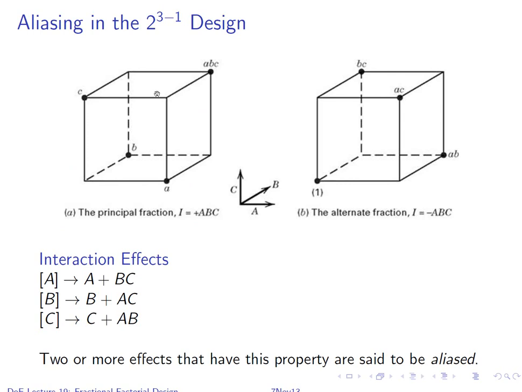This property we'll refer to as aliasing. That is, these two effects are aliased, and I can't separate the two. This is the price you pay for a fractional design. You're reducing the number of runs, you're reducing the cost, but you're confounding or aliasing two-factor interactions with the main effects.